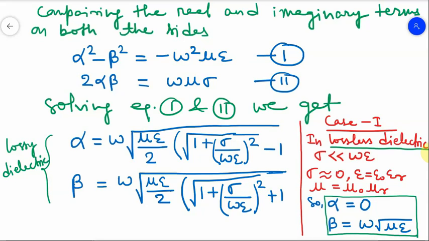Now we will consider case 2 and case 3, for free space and for the good conductor. Case 2 is free space.